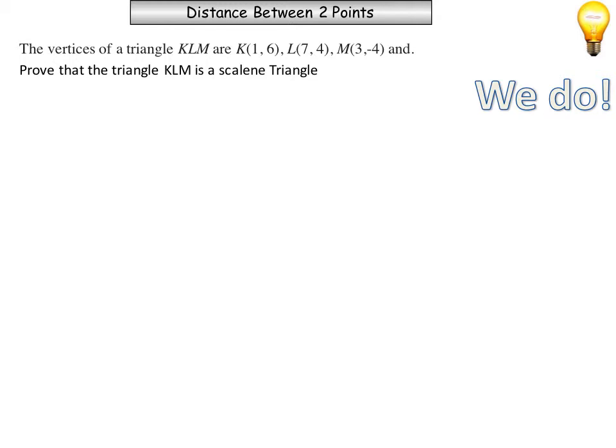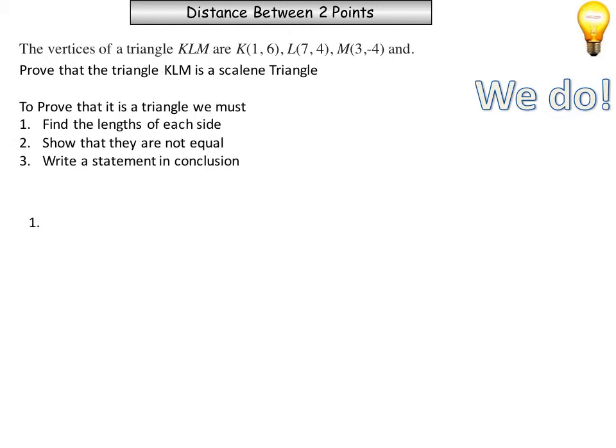Well, we need to remember that a scalene triangle has sides of different lengths. So in order for it to be a proof, there are 3 things that we need to do. First thing is we need to find the lengths of each side.